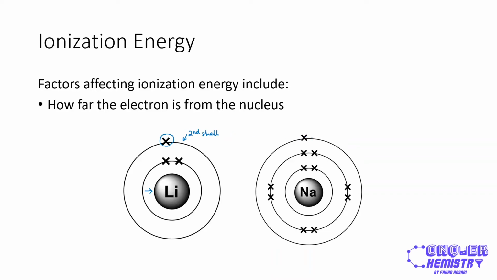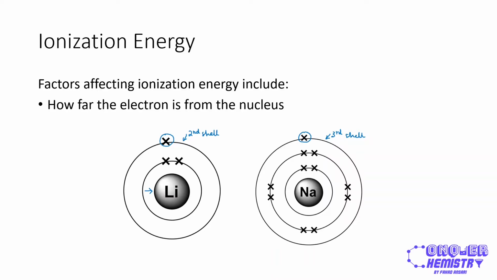whereas the first electron that needs to be removed from the sodium atom in order to give you sodium 1 plus ions is over here. It is not in the second shell, but in the third principal quantum shell. So you can see that this electron is further away from the nucleus in terms of shells, and so the nucleus is not able to hold on to it with a strong grip.